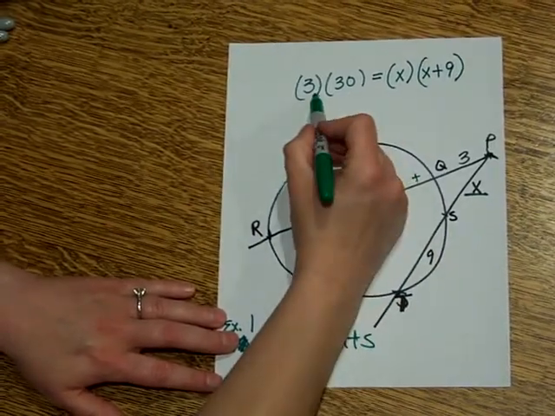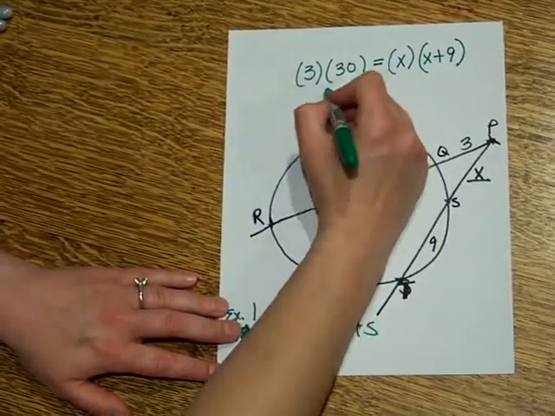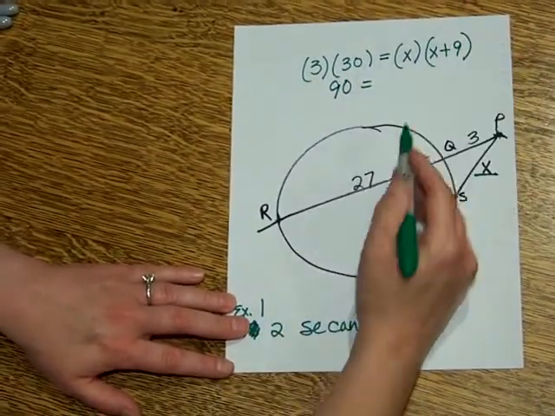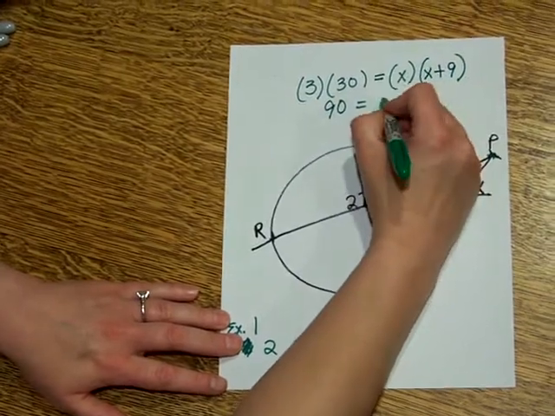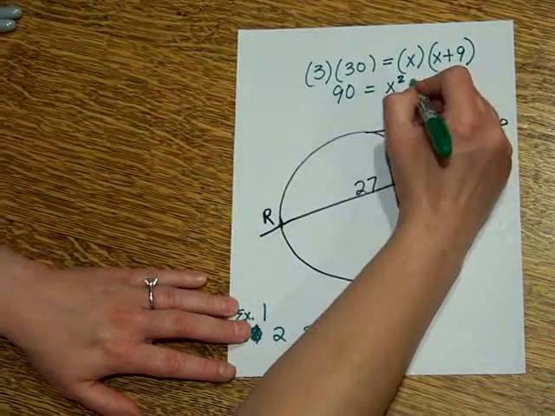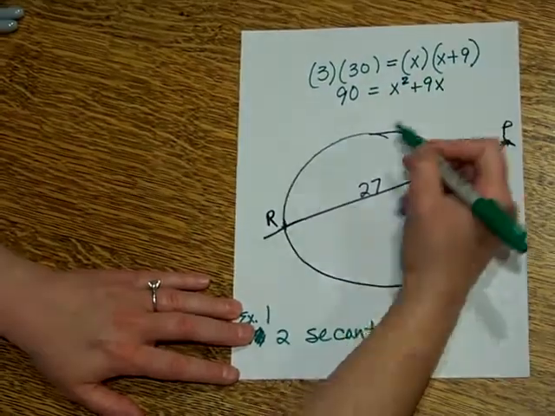Let's solve this algebraically. 3 times 30 is going to give me 90. I'm going to have to distribute X to each term inside. X times X is X squared. X times 9 is 9X.